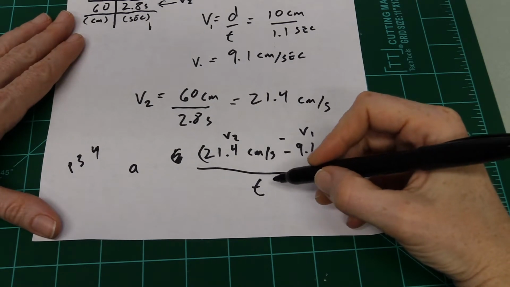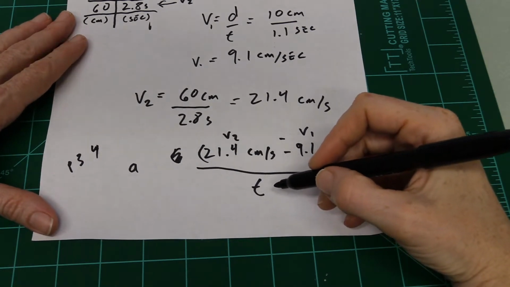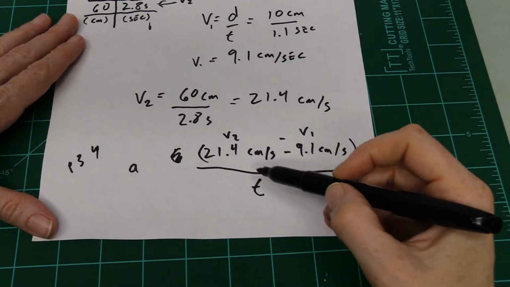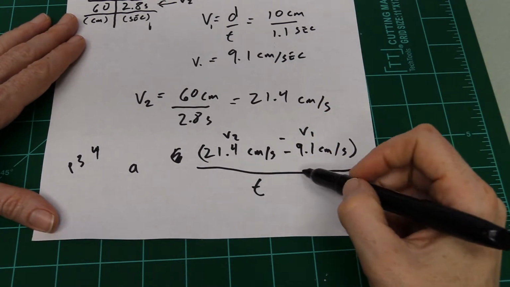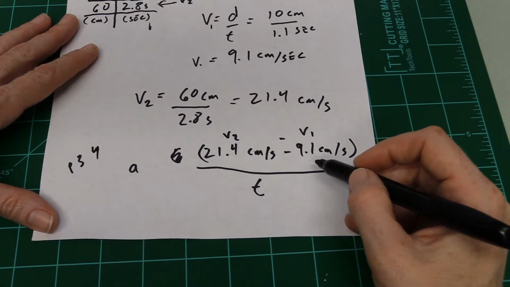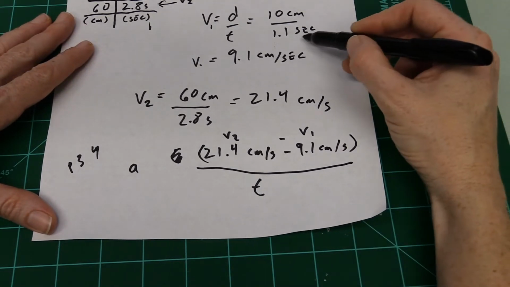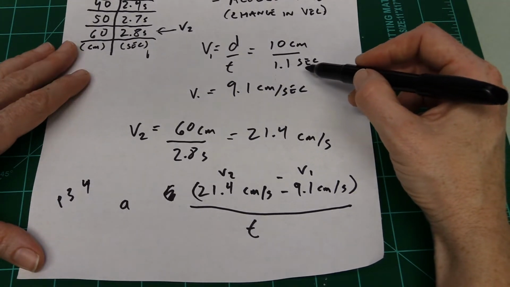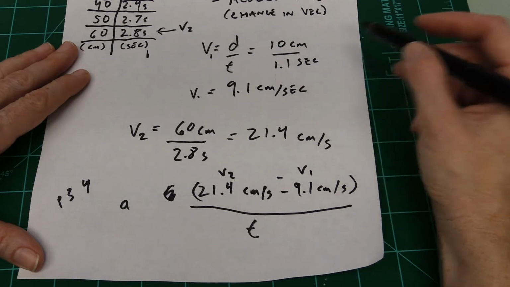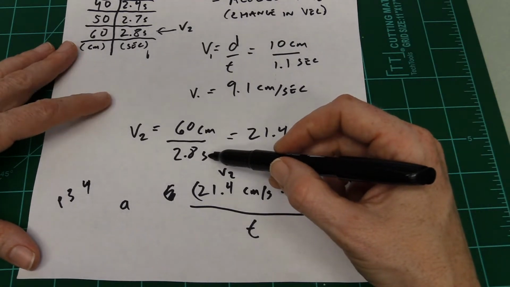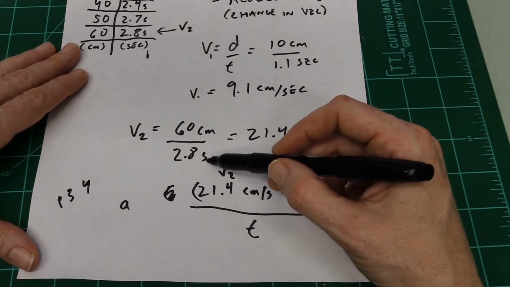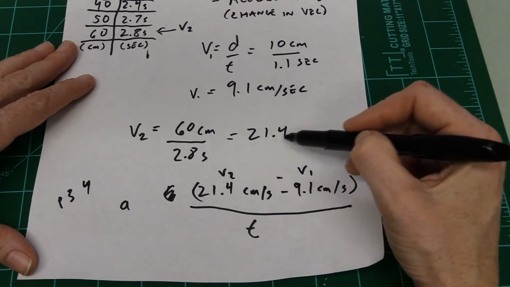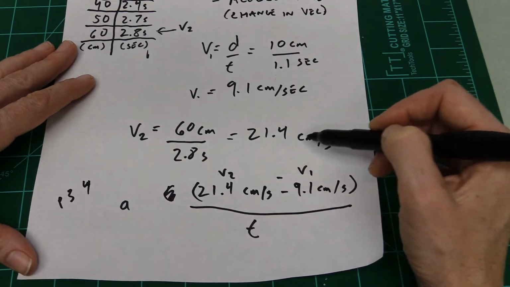The time in this case is the time the ball took to achieve this change in velocity. We take the time at which it was traveling at 10 centimeters per second, which was 1.1 seconds, and subtract that from the time it took to achieve the velocity of 21.4 centimeters per second.